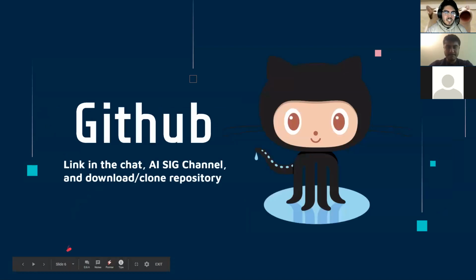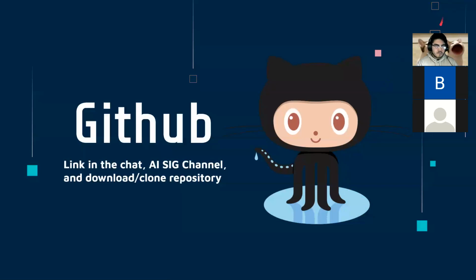So with that said, there's a link on the Discord where my GitHub is, and there's going to be a repo there. I think I put it in the chat, but I had to paste it again. You did it. Okay, cool. Go there, download or clone the repository. Let me change my screen so I can show everything.